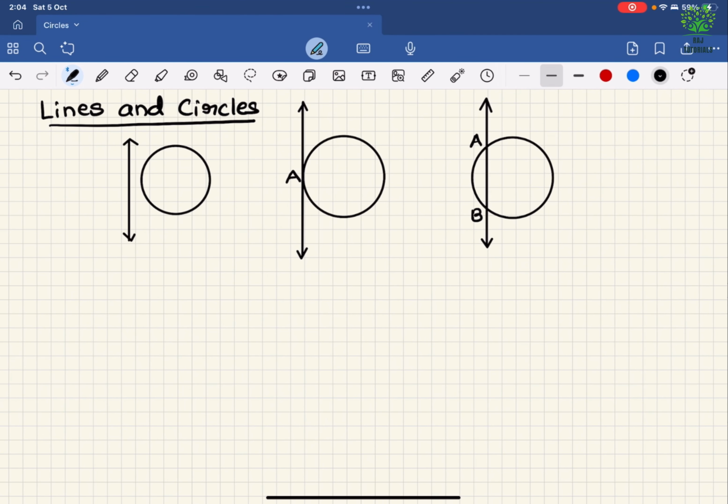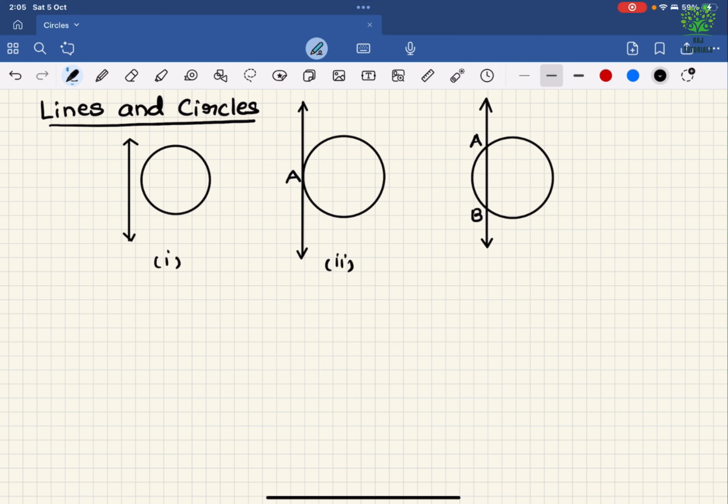Now next point says lines and circle. So if we see the first figure carefully, a circle and line are not touching each other, but in the second figure a circle and a line are touching at one point. So such line is called a tangent.